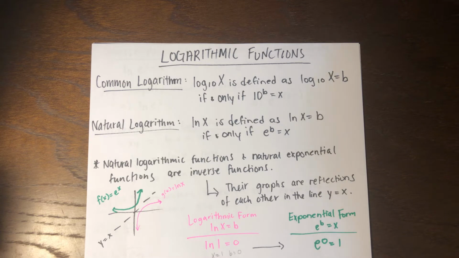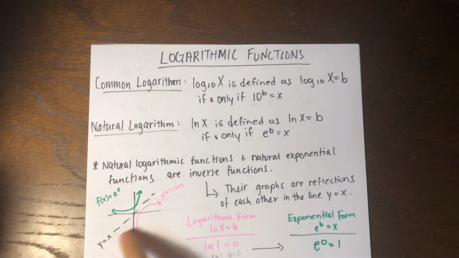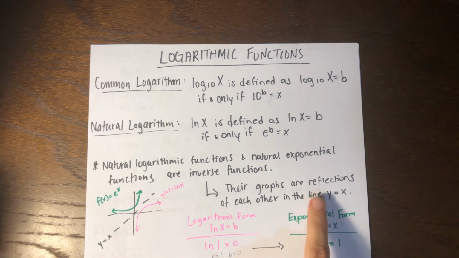Okay, so the difference between the two is just the base that they're using. The most common base for logarithm again is e, which is 2.718. Natural logarithm functions and natural exponential functions are inverse functions of each other. Their graphs are reflections of each other in the line y equals x.